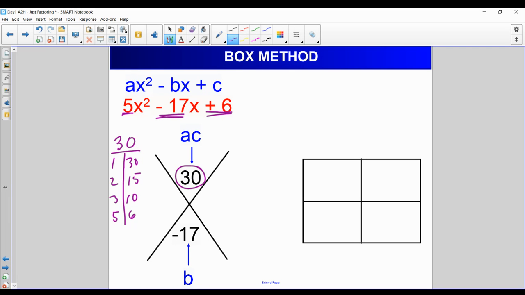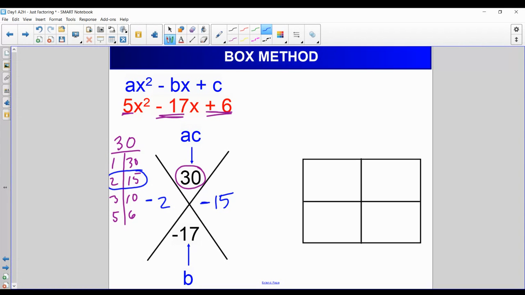So I'm looking for the two numbers that are going to multiply to be 30, which is all of those, and combine to be negative 17. So if I am multiplying to be a positive, but adding to be a negative, I have to know that both of them are going to be negative. Okay, so the two that are going to fit that are negative 2 and negative 15.